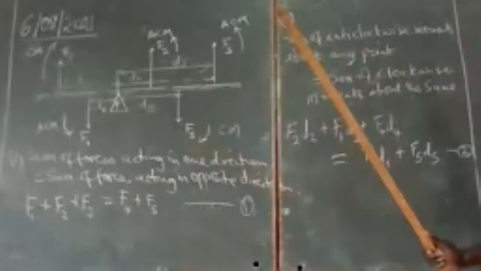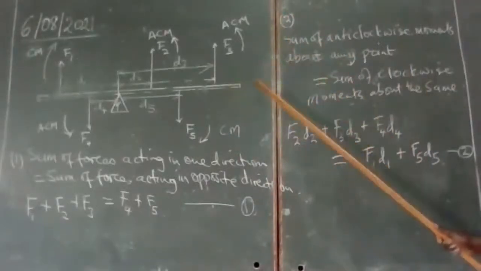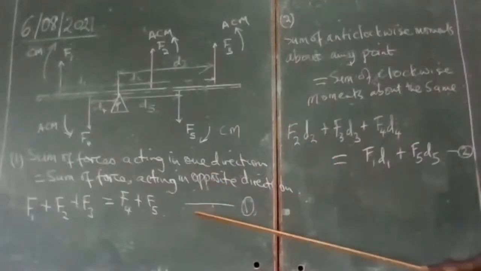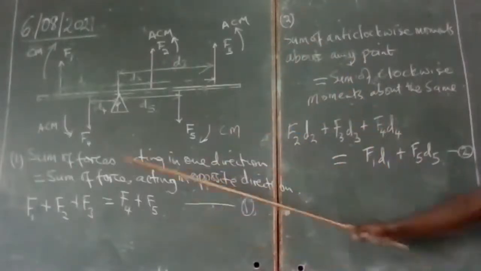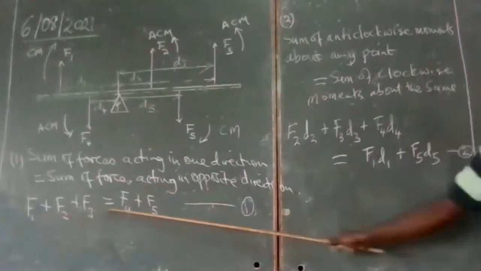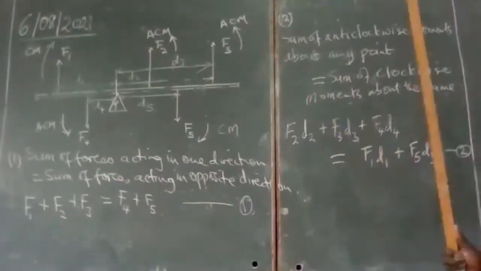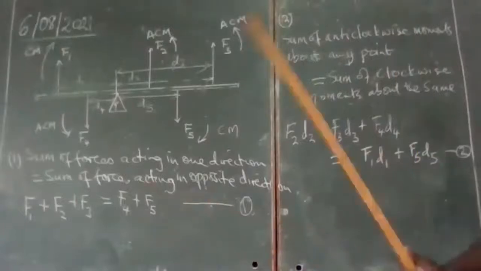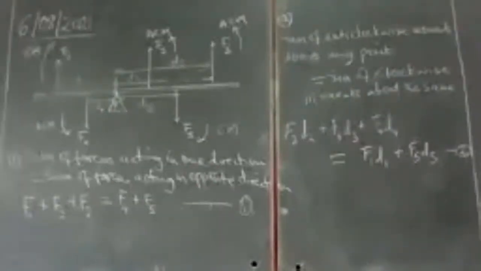So these are conditions that must be satisfied for a body to be in equilibrium. These equations we are writing down are only true if a body is in equilibrium, or it is balancing. Oh, okay, thank you. You are welcome.